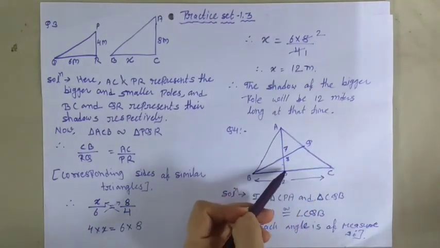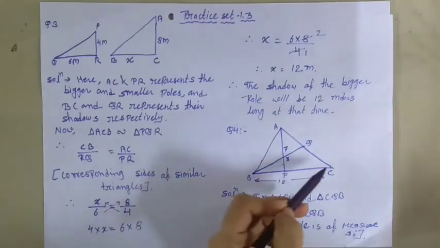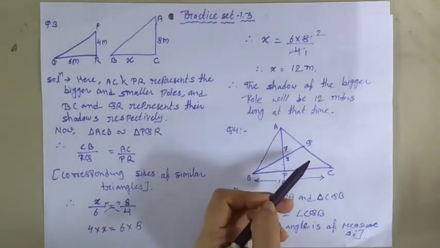Angle ACP is congruent to angle BCQ by common angle.